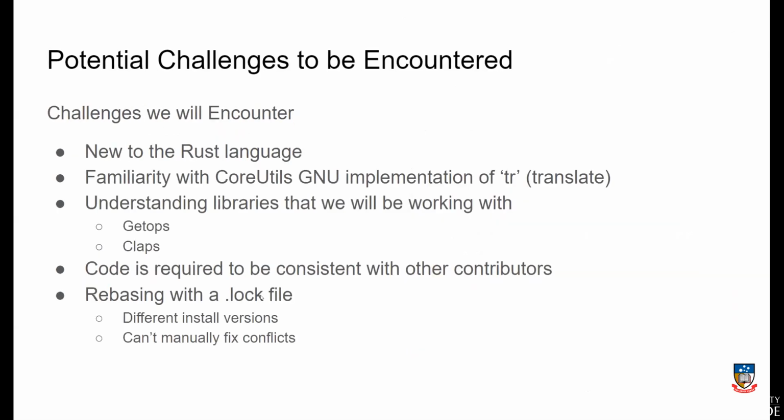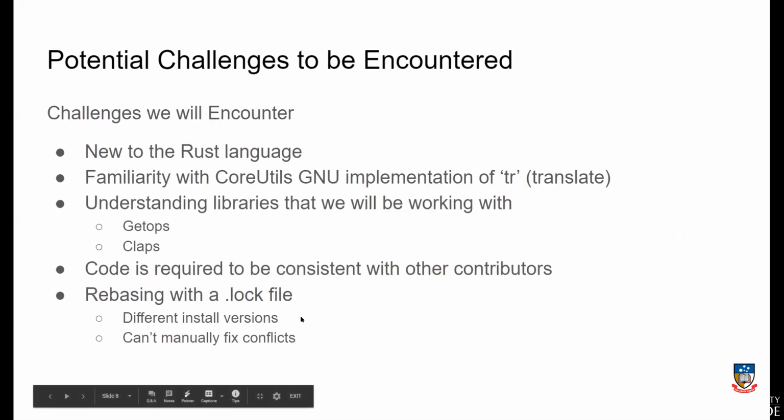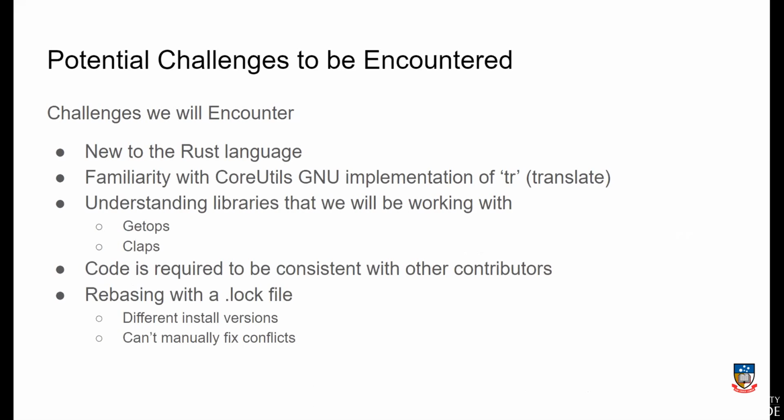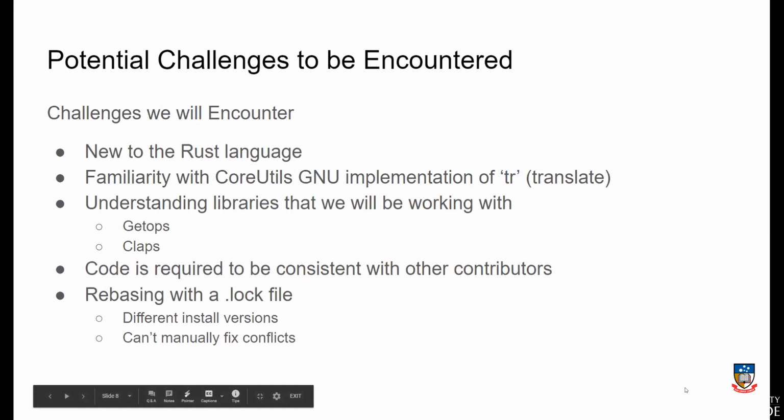Next slide. So one of the first challenges that we will be encountering for this project is that we are all new to the Rust language. Another thing we need to do is become familiar with the core utils GNU implementation of the translate function.